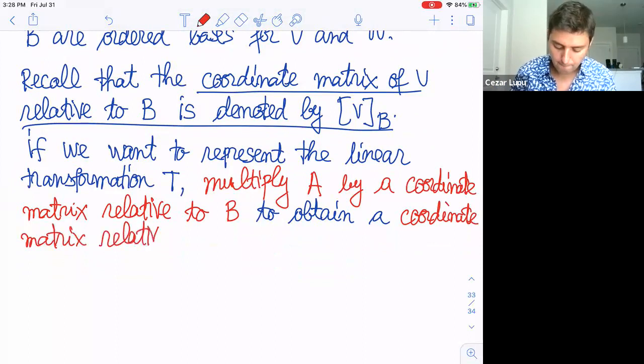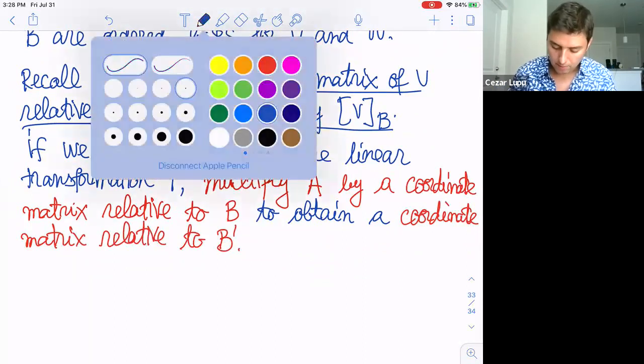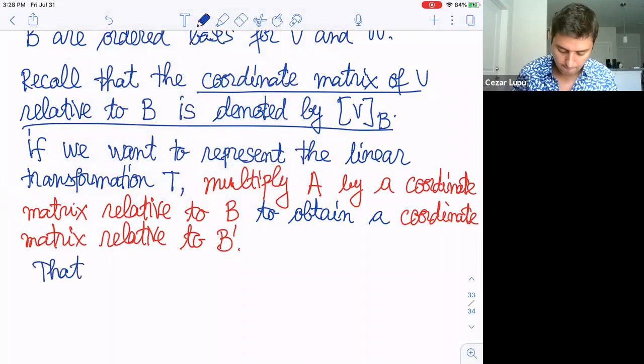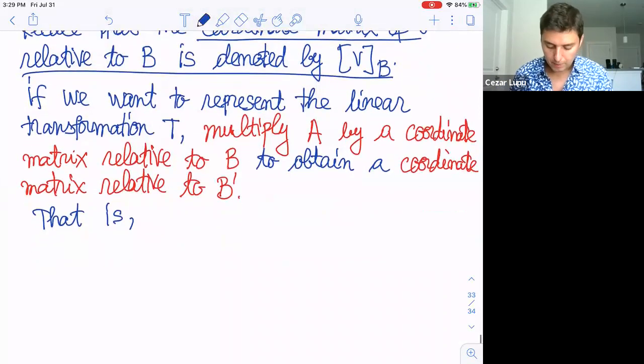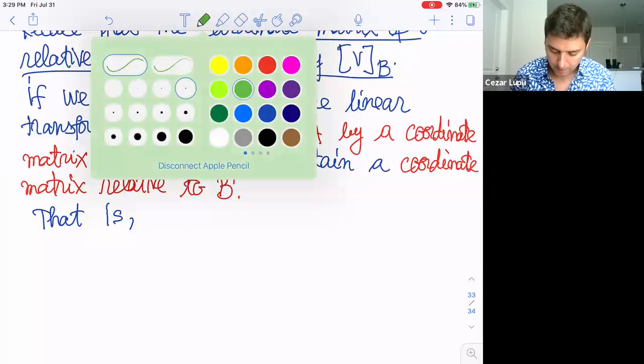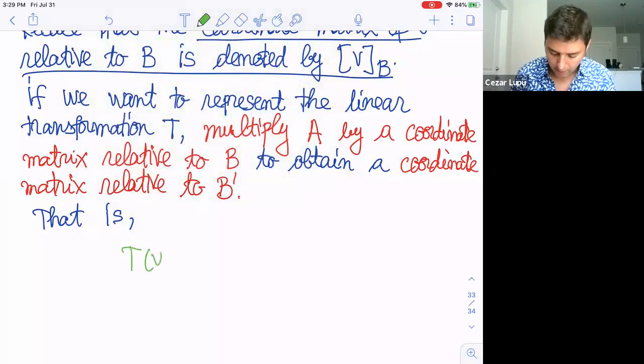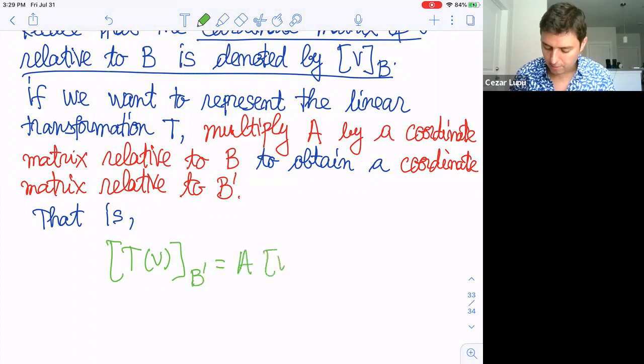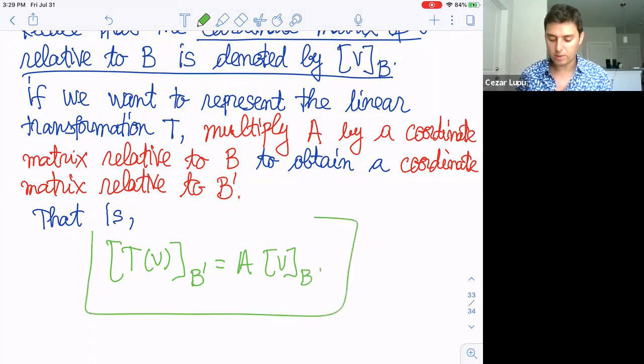That is T of V, in fact, let me write it like this, that is T of V relative to the basis B prime will be A times the vector V relative to basis B. So this is what we do.